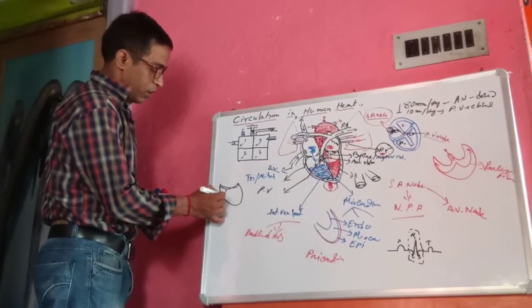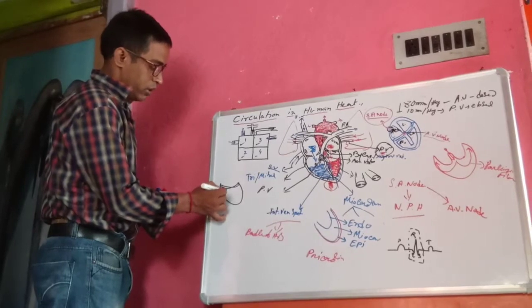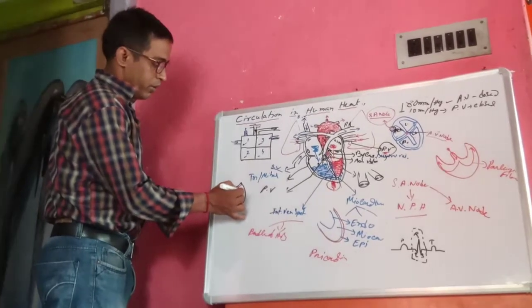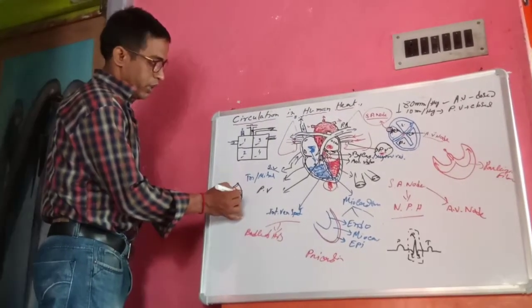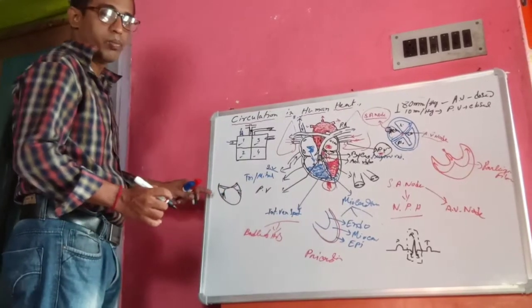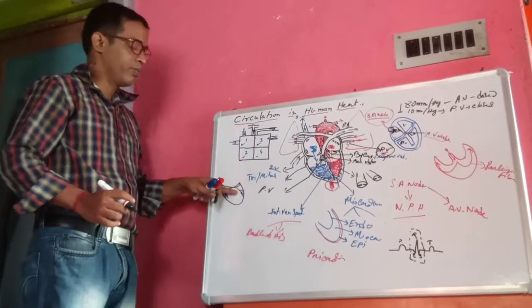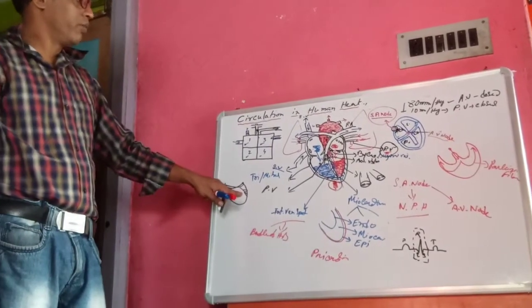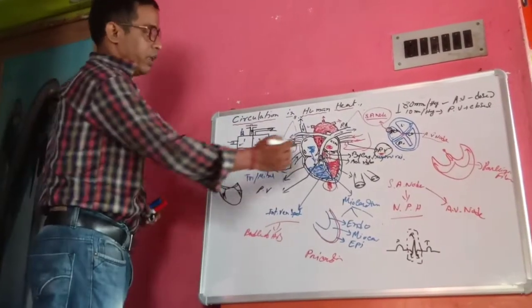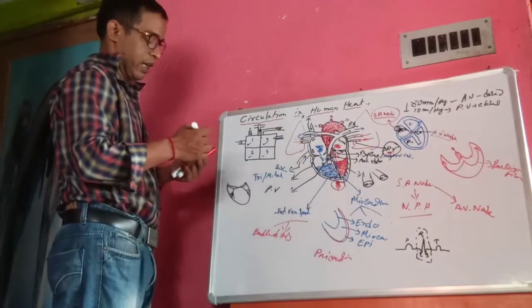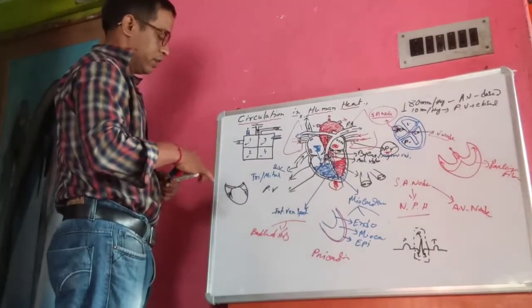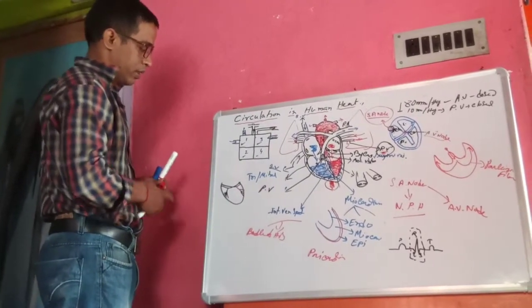This tricuspid valve is attached with the inner wall of the myocardium muscle. This muscle is called chordae tendineae, and similarly in the left ventricle the same thing happens.